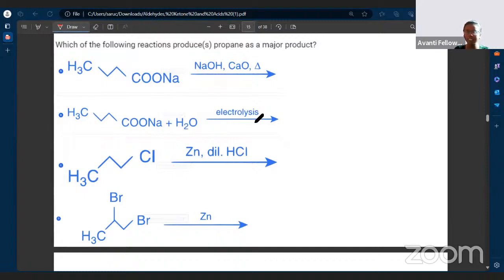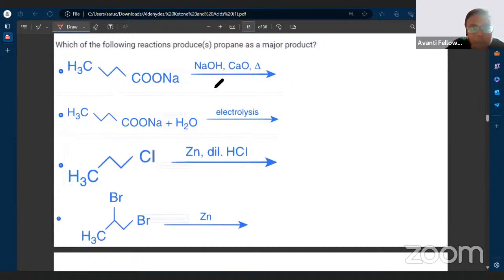Okay, option A is right. Any other option will give propane as the major product? Very good. A and C. Okay, so we'll check the answers.